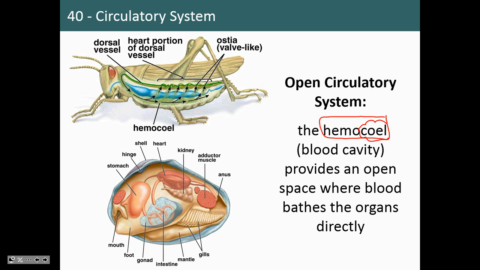These are heart-like muscular pumping sections, and they're valve-like openings where fluid from this organ flows down and fills this body cavity, completely surrounding the digestive system, which is shown in blue.